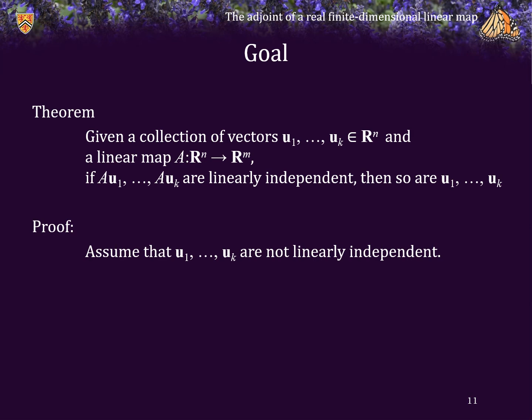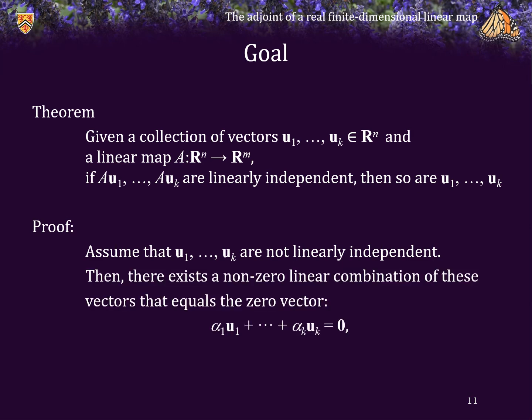All right, so let's assume that the vectors u1 through uk are not linearly independent. Then there exists a non-zero linear combination of these vectors that equals the zero vector. So what this says is there exist k scalars, alpha 1 through alpha k, not all of which are 0, because of course 0 times each of these vectors added together is the zero vector.